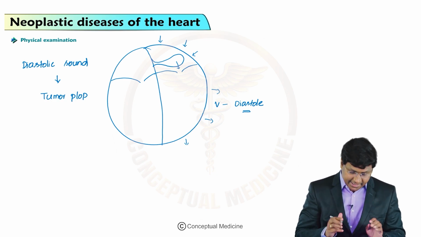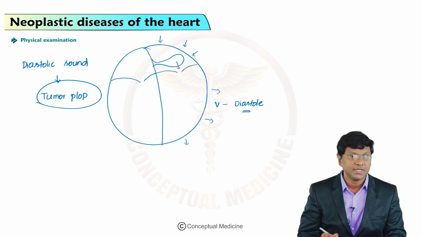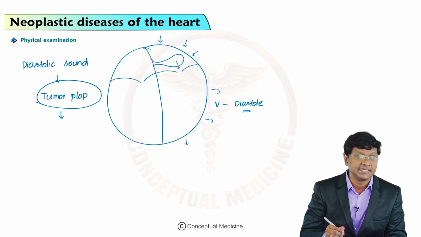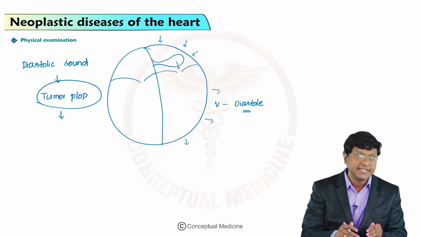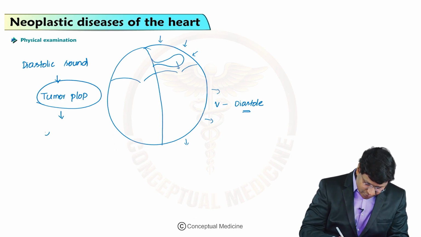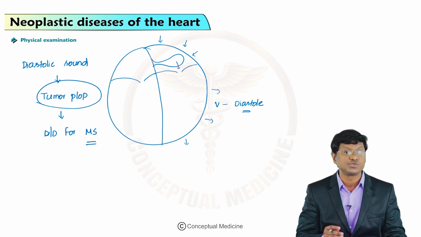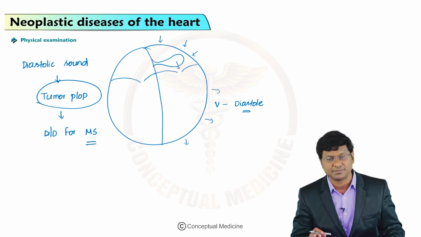Right, and this tumor plop, which is a diastolic sound, is one of the differential diagnoses for mitral stenosis murmur.